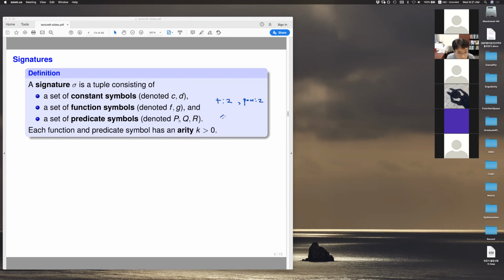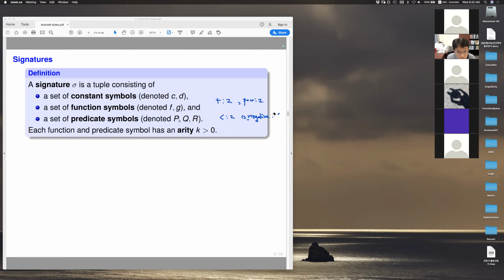For the predicate symbol less than, we write 2 because it takes 2 arguments. But suppose we have a predicate symbol, say is negative. This is more computer science like symbols. Is negative will take only one number. Actually, here the negative doesn't even exist.